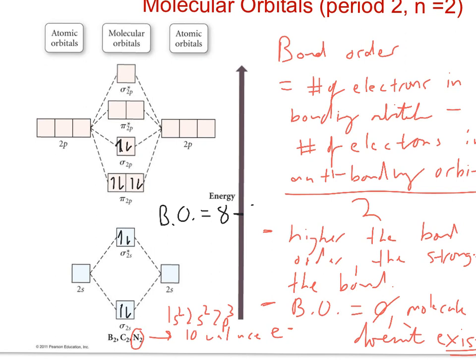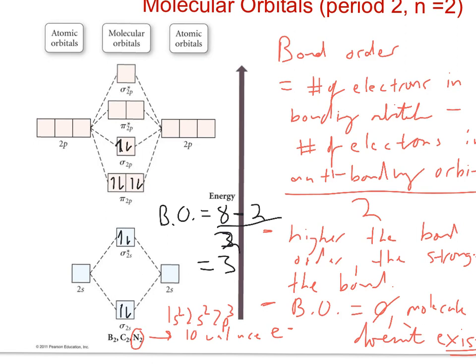Minus 2 electrons in an antibonding orbital, divided by 2. 8 minus 2 is 6. 6 divided by 2 is 3. Nitrogen has a bond order of 3.